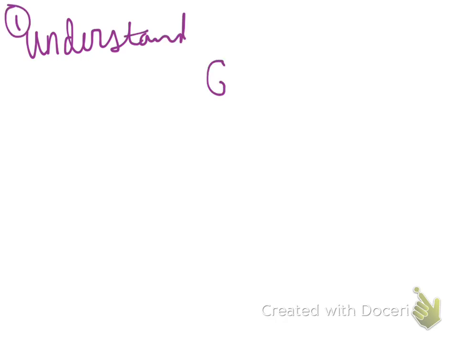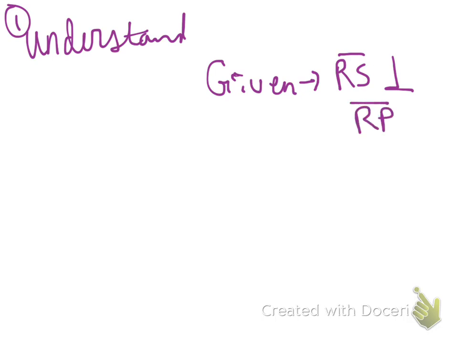So let's start by trying to just understand the problem. Step 1, we're given certain information. So we're given a couple different things. RS is perpendicular to RP. In the diagram, it's marked that they're perpendicular. We're given that triangle PSR is similar to triangle PTQ.